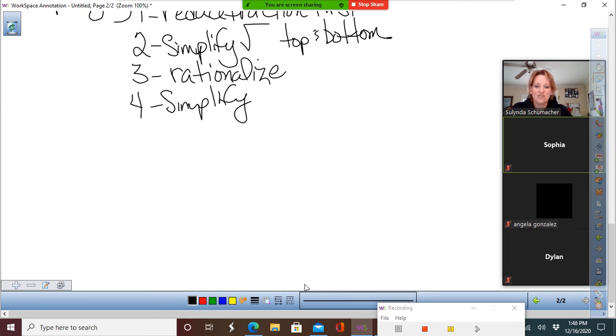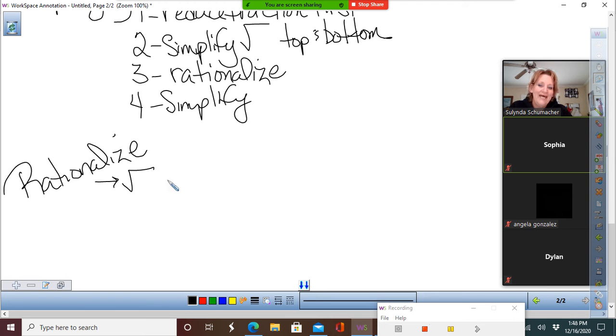Make sure we understand what that is. We rationalize anytime there is a square root in the denominator. Okay, which means we're going to multiply by that same square root.